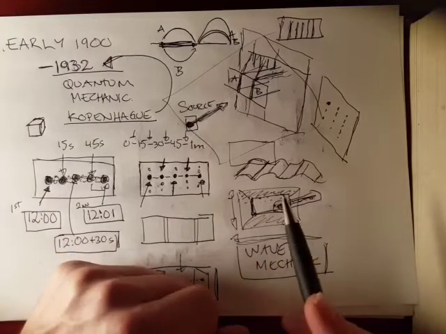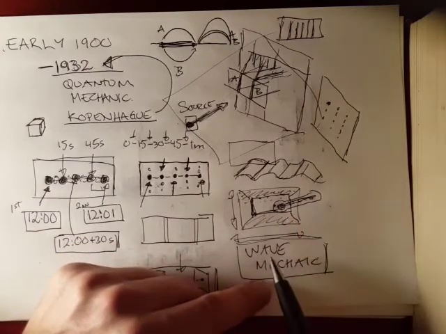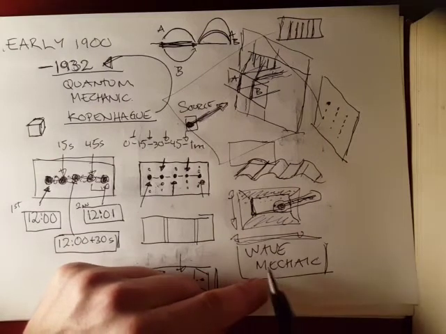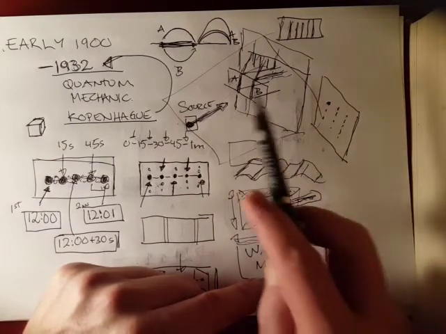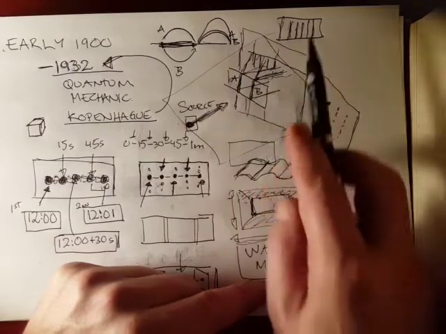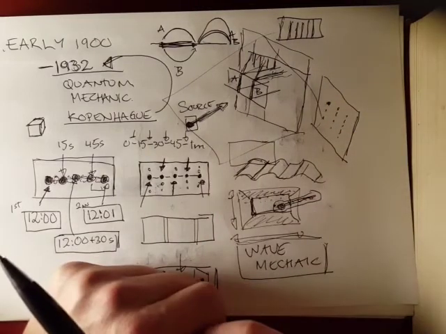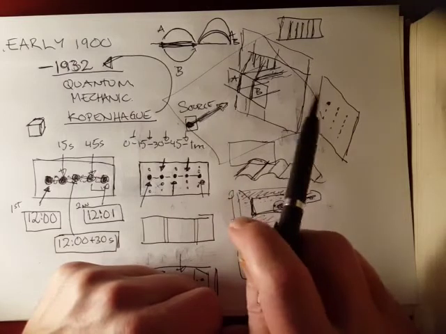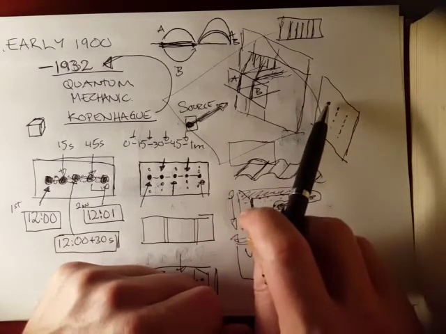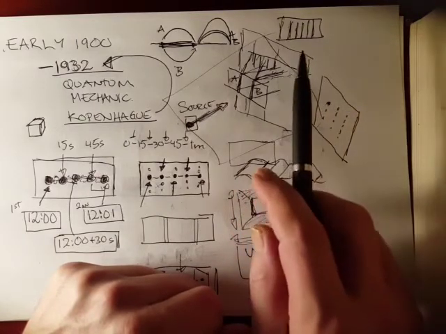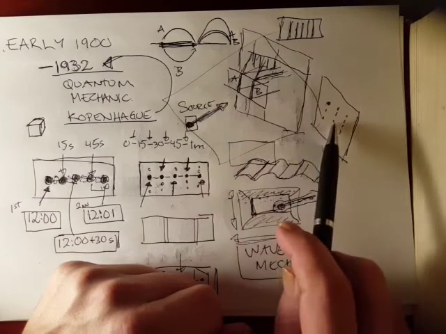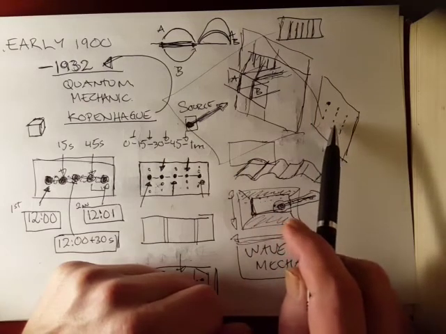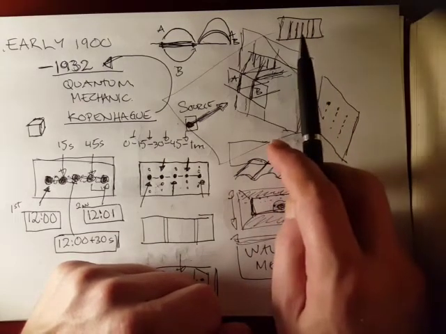But wave mechanics, the behavior of waves, can be used to partly explain this experiment. It can be used to explain why you see a pattern that is strikingly similar to a wave interference pattern.